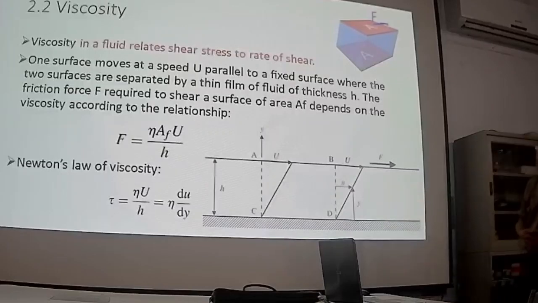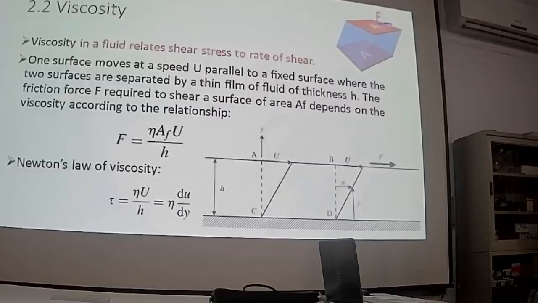If you follow this formula, the lubricant is called a Newtonian lubricant. For the lubricants we use in the hydrostatic bearing, such as oil or water, they all follow this formula. So we call this kind of lubricant a Newtonian lubricant.